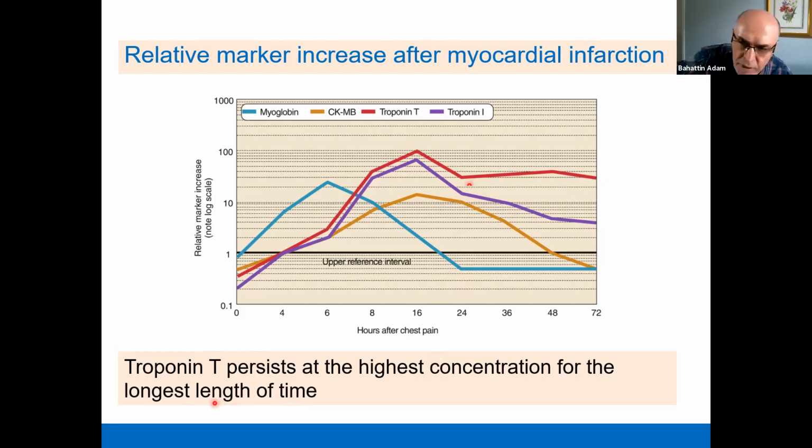Therefore, among these markers, troponin T is the most important one that we're measuring in order to diagnose myocardial infarction and to follow the myocardial infarction.